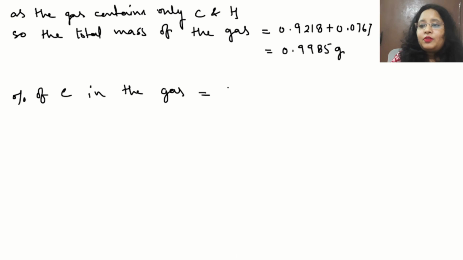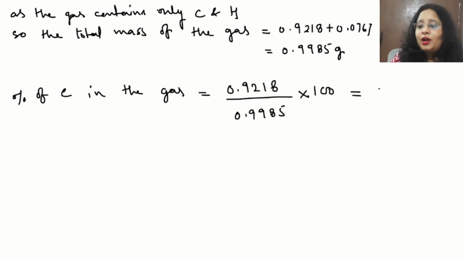So mass of carbon is 0.9218 as we calculated. Total mass of the gas is 0.9985, which in turn multiplied by 100, and we will get the percentage of carbon, that is 92.32%.